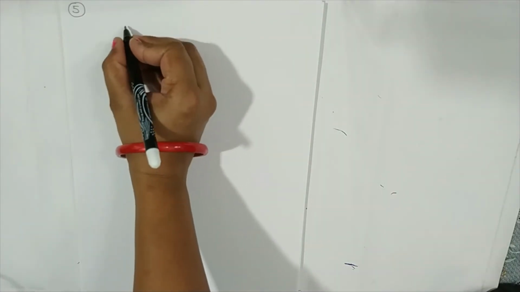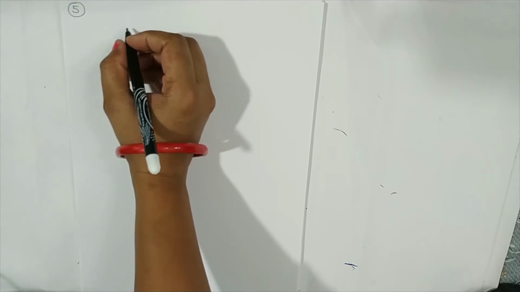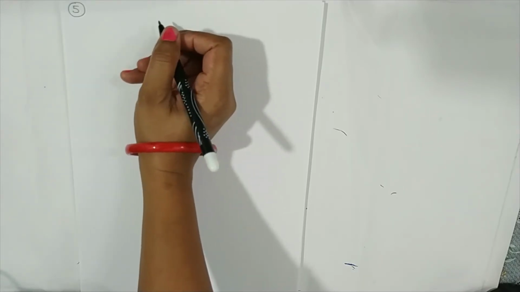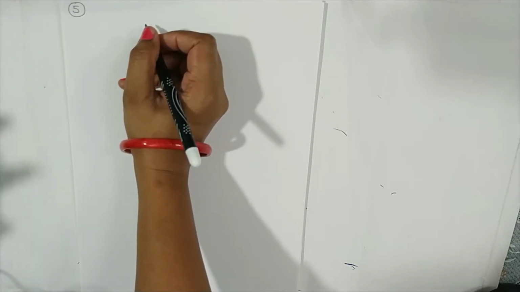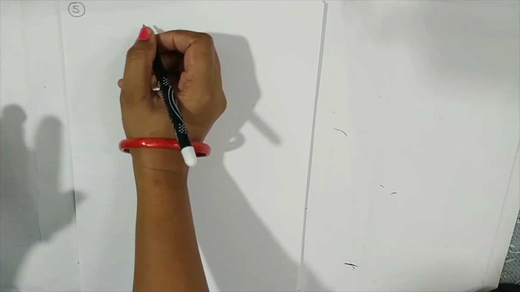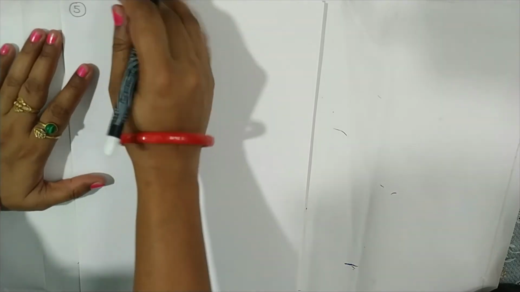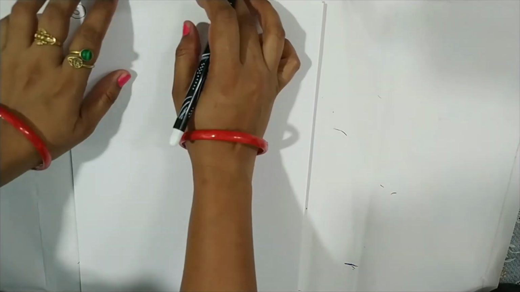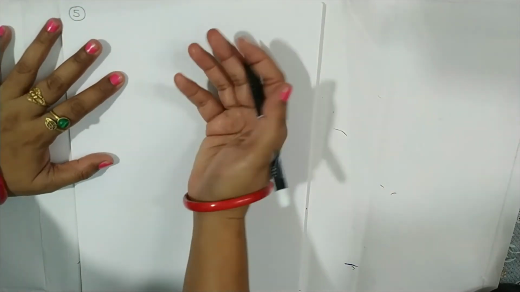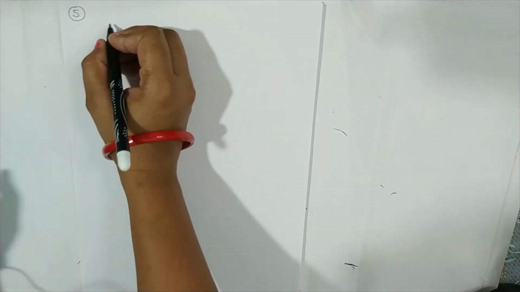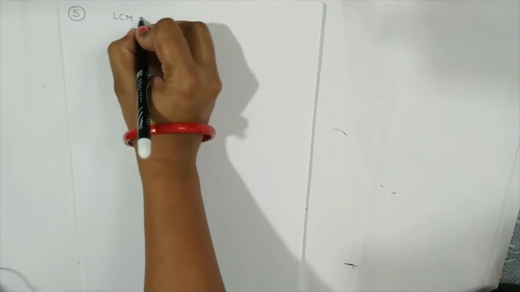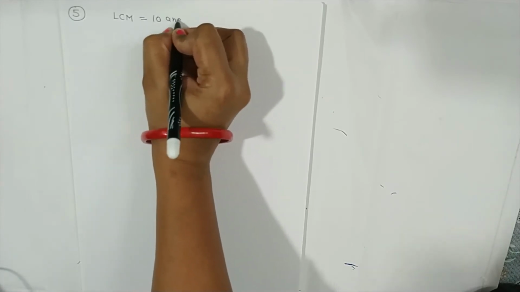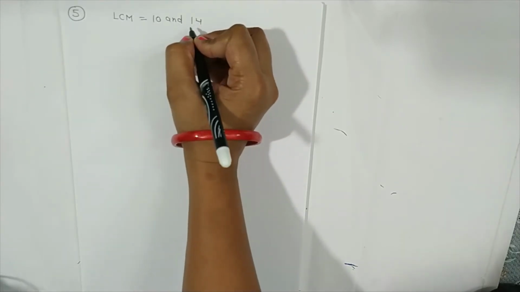Here it is given a piece of work in 10 days. So first we have to find what is the total work. Okay, so let's suppose we have to make cups. So we have to find the LCM of 10 and 14, that is the number of days.